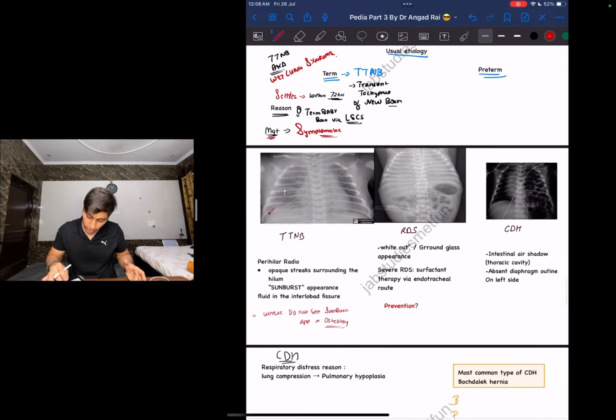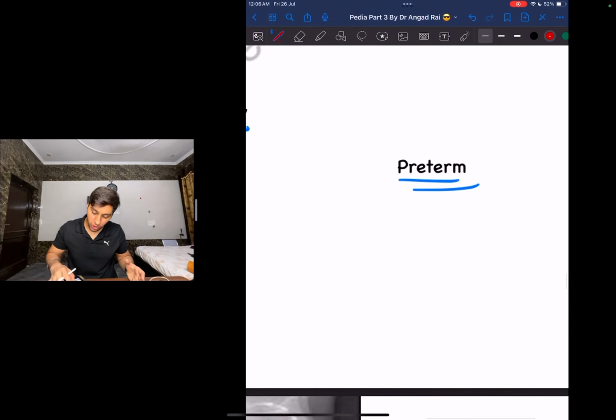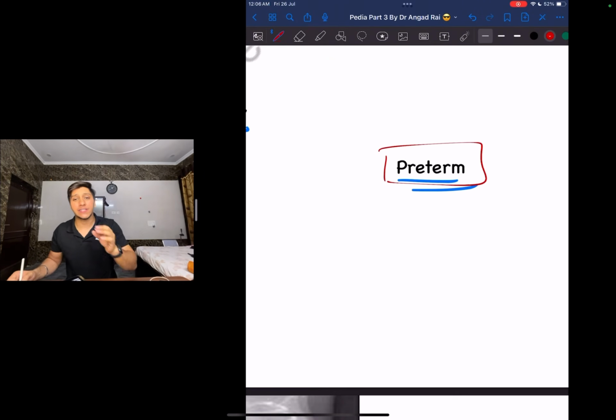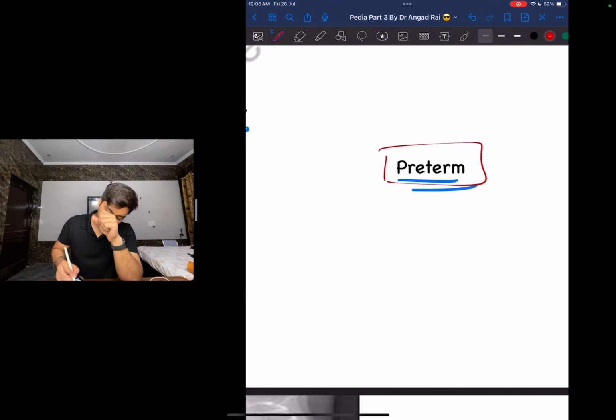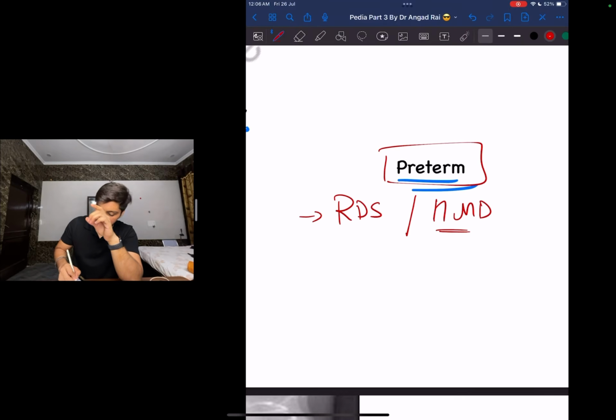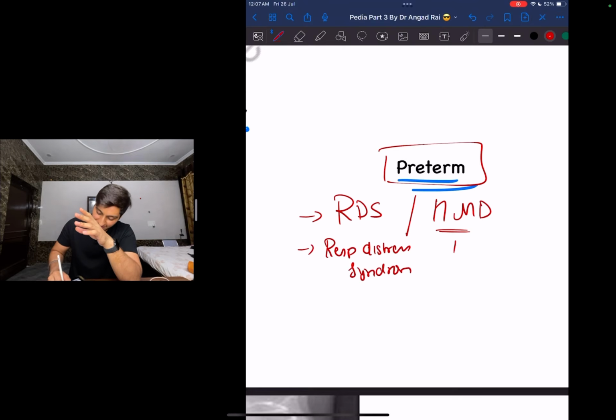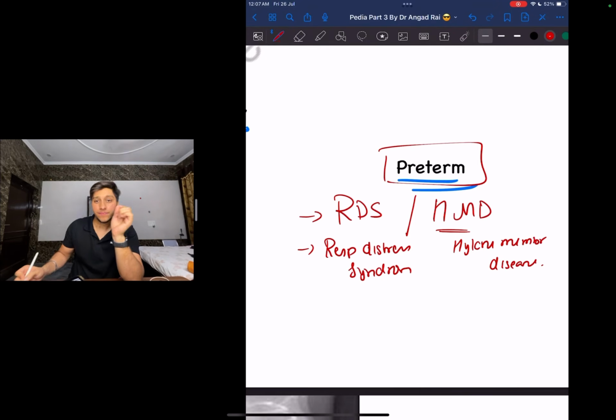Okay. Next, guys, we are going to talk about where you see respiratory distress in a preterm. The most common condition is RDS, also known as HMD. RDS stands for respiratory distress syndrome, while HMD stands for, not hand mouth disease, hyaline membrane disease.